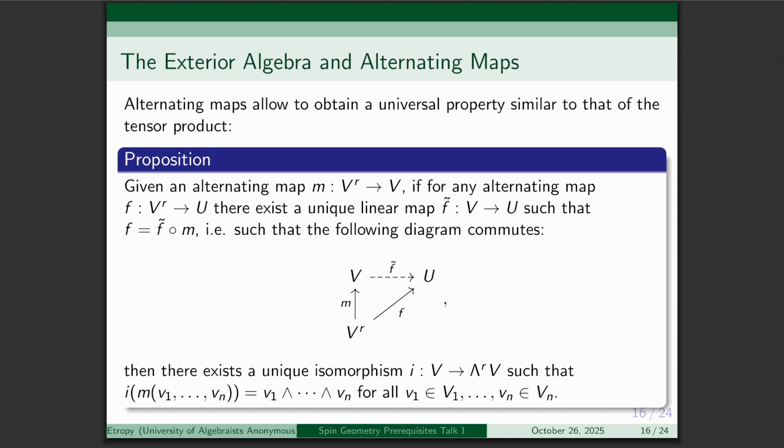That's of course not good notation. The V below and the V above are different spaces. This is a typo. It should be V to the r to some V prime. So the V here in the codomain of M refers to the thing that we put the exterior algebra into.